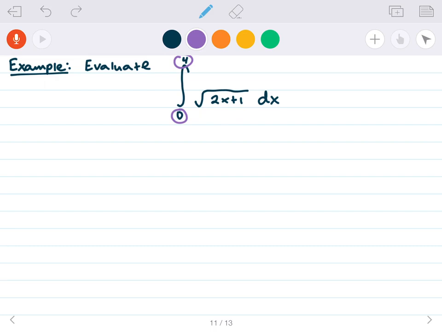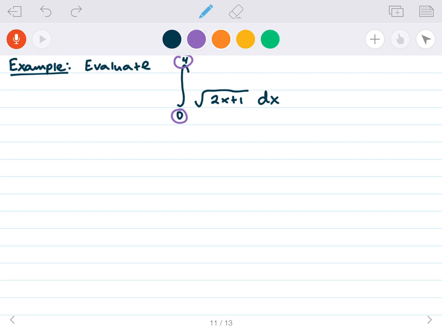All right, so let's talk about doing this. The first thing is we can't integrate this off the cuff because we have an f of g of x situation, where we have an inner function of 2x plus 1 inside of an outer function, quote unquote, of square root of x.